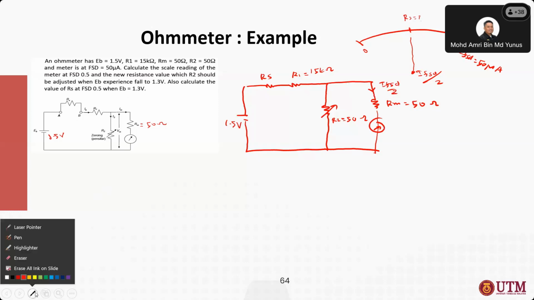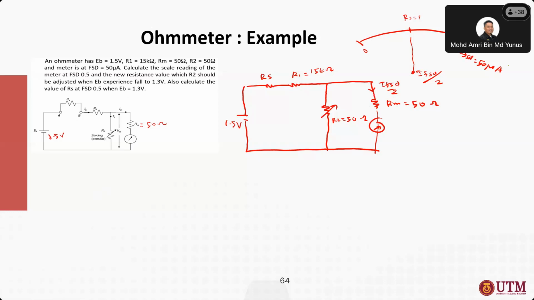So we can use some analysis. Let's say this is IB, and this is I2, and this is IM.